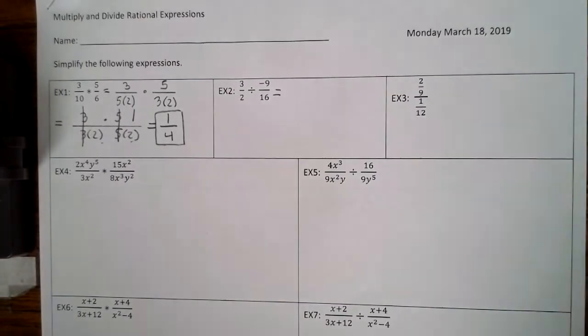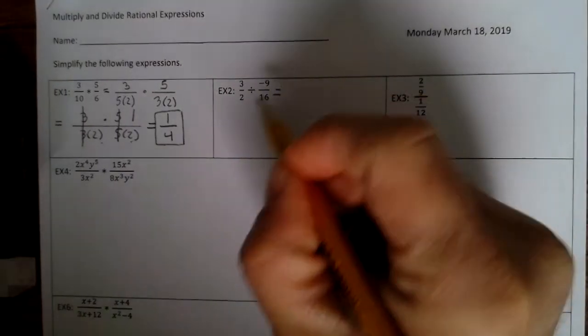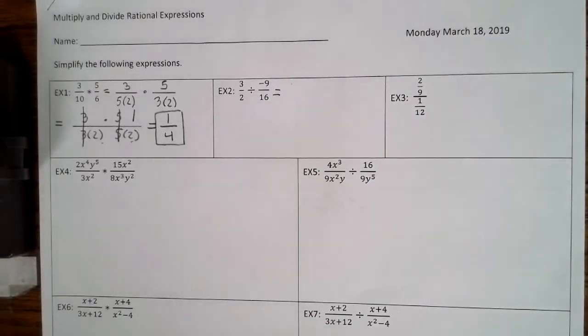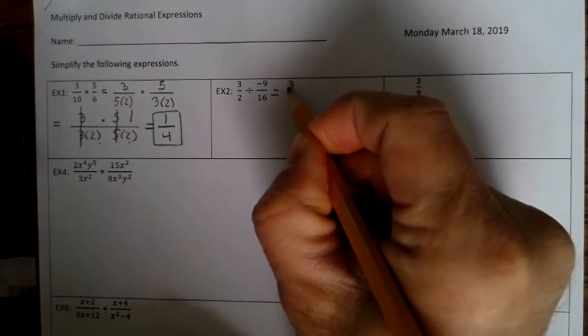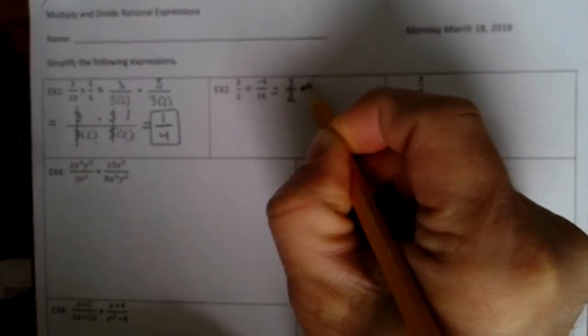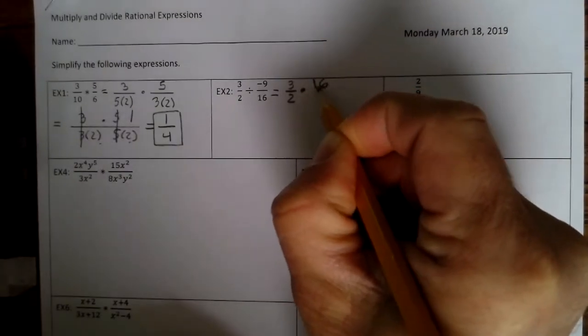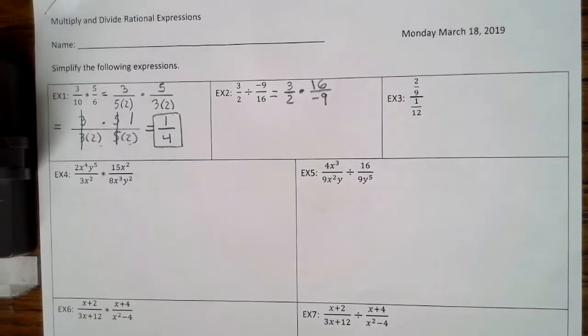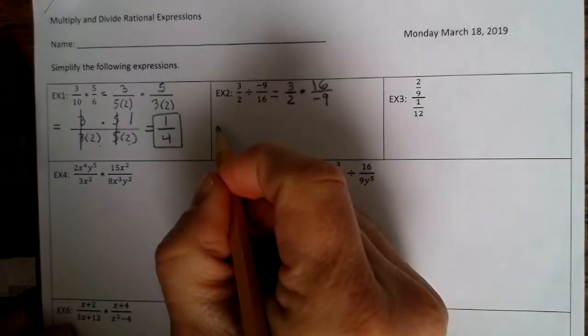Okay, so now when you divide fractions, your step 1 is to rewrite as multiplication by the reciprocal. So this becomes 3 divided by 2 times 16 divided by negative 9. Okay, now step 2, factor the numerator and denominator.